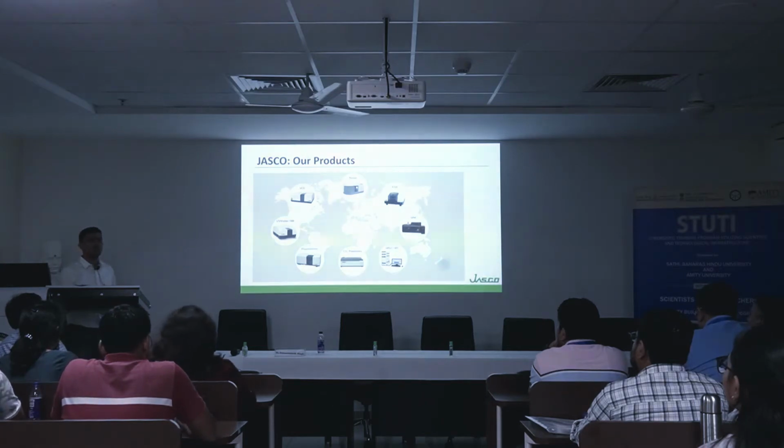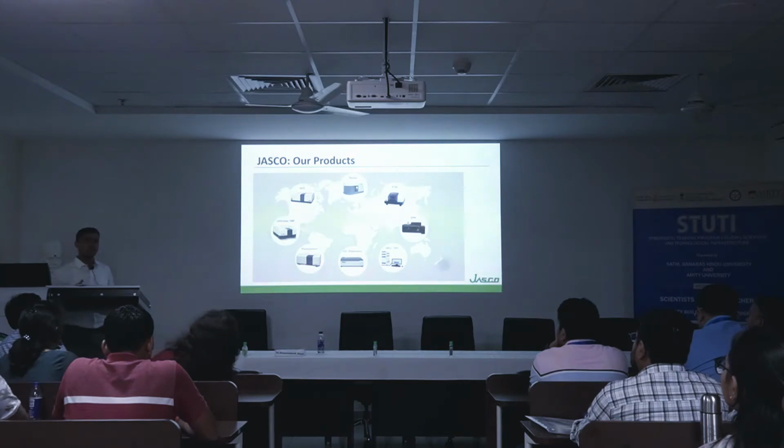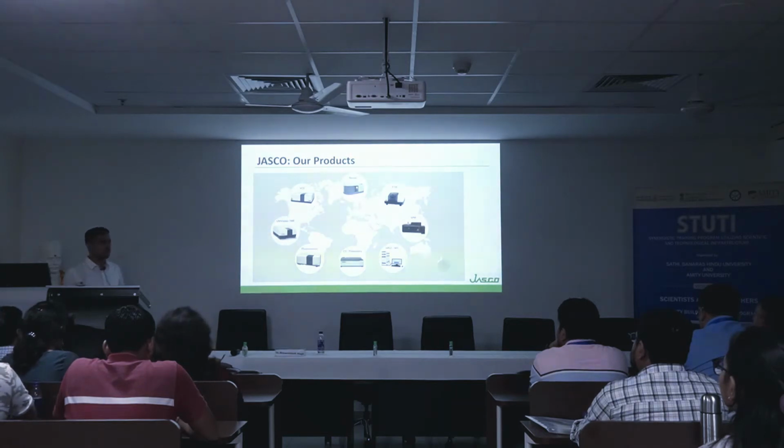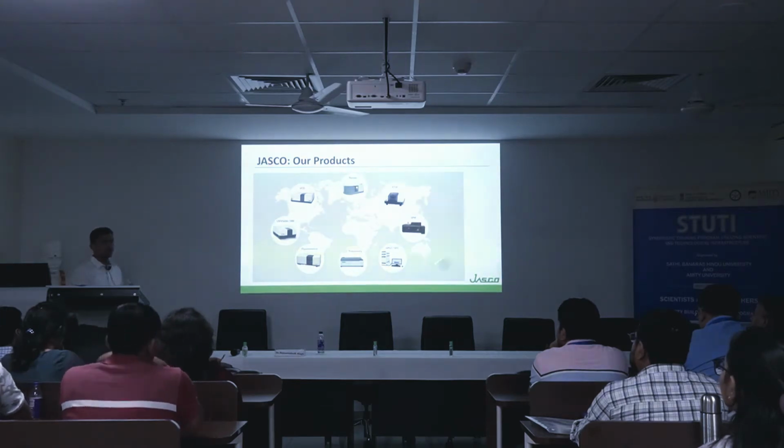In the last 2 or 3 decades, we have been world leaders in circular dichroism. We are also working on circular polarized luminescence and vibrational circular dichroism. If you want to work on chiral molecules or chiral compounds, we have the equipment to cater to those requirements.